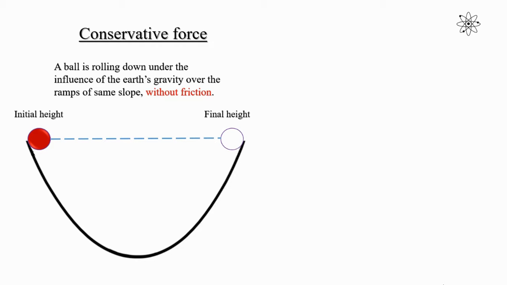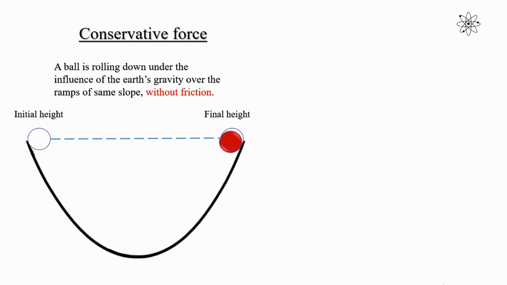Students, here you can see a ball is rolling down under the influence of the Earth's gravity over the ramp of same slope without friction. As you can see, this situation is the same as that of a skateboard rolling on the ramp. So instead of a skateboard, we consider a ball over here.